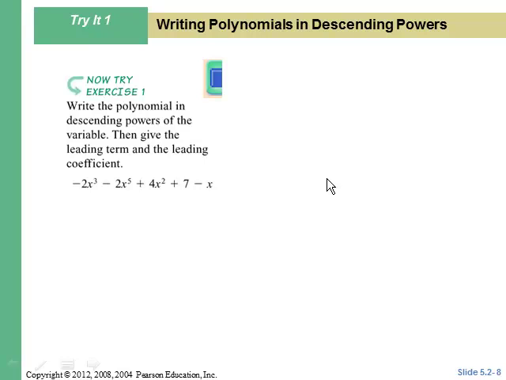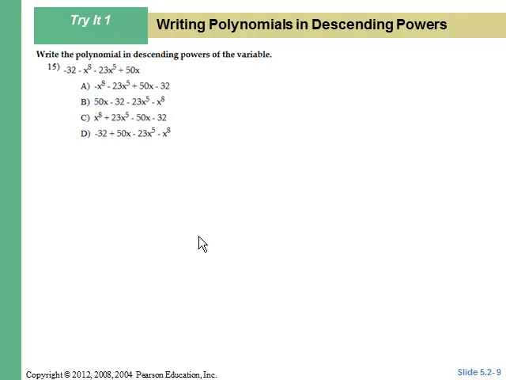Okay, so negative 2x to the 5th minus 2x to the 3rd plus 4x squared. Notice the powers are getting smaller. Minus x plus 7. You leave the constant term till the end. Okay?